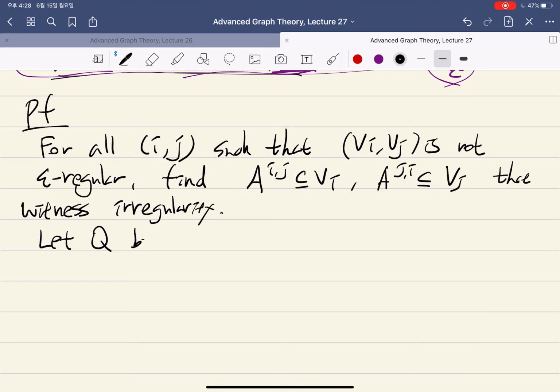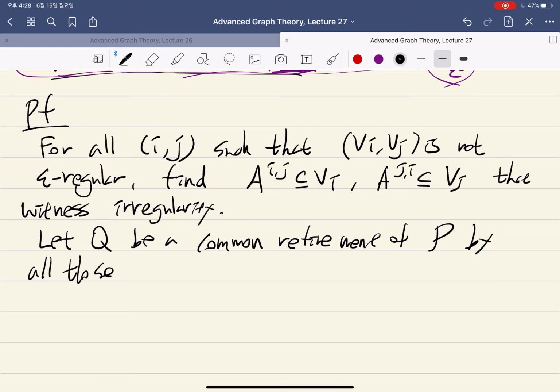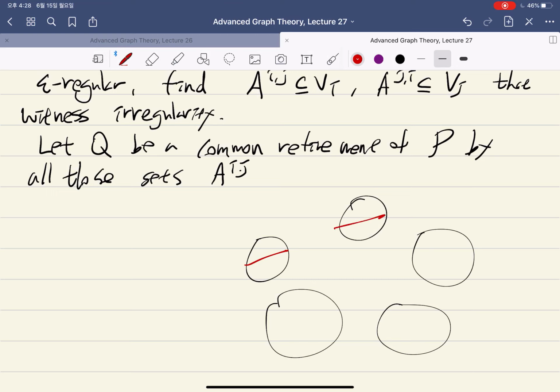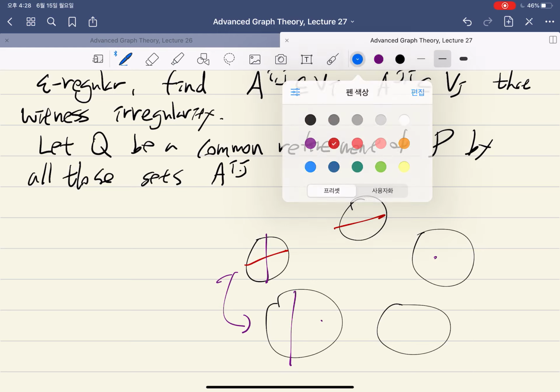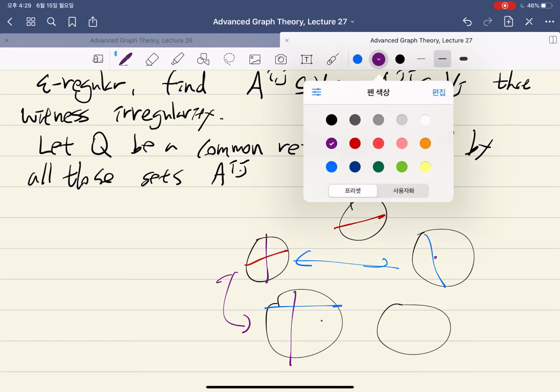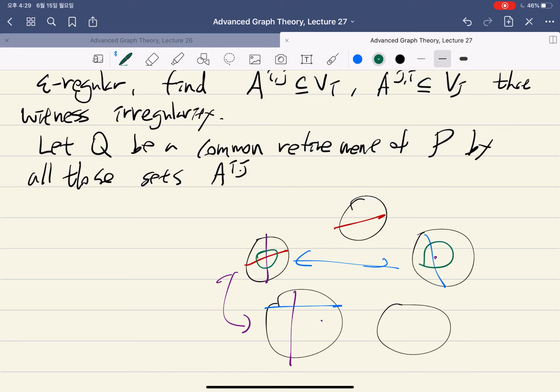And let Q be a common refinement of this P by all those sets Aij, meaning that you have a partition P, and between these two you have to take this partition, and between these two you have to take this partition, and so on.